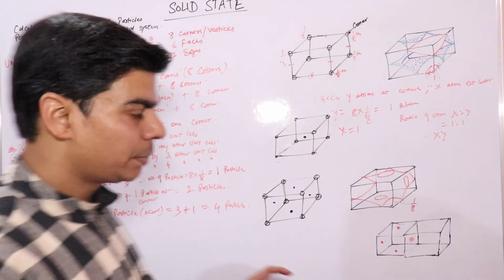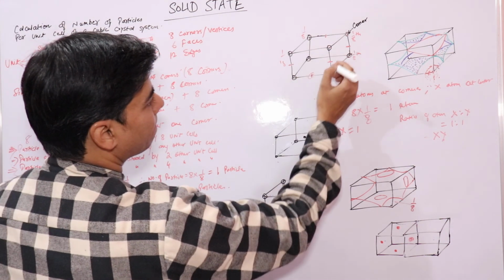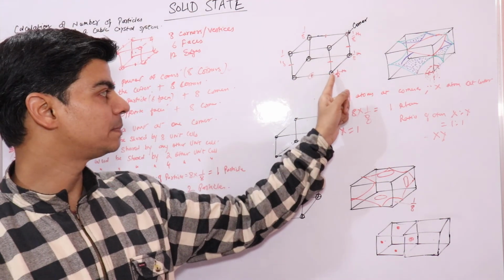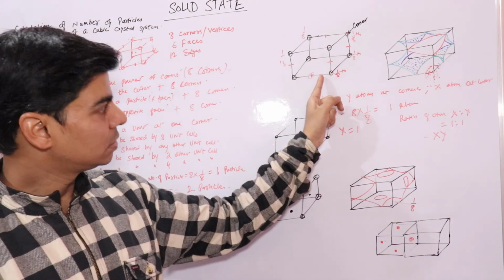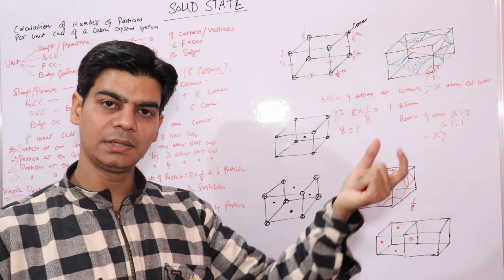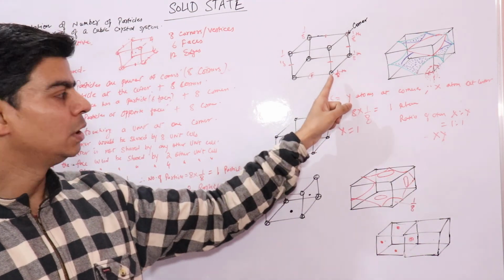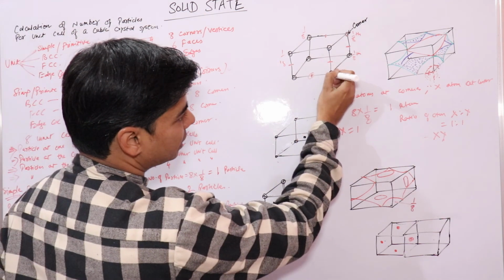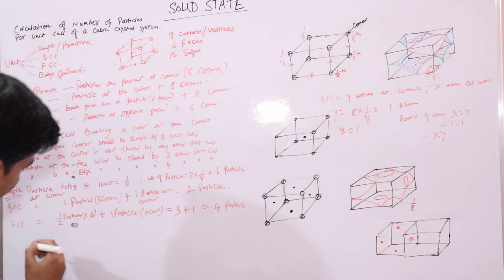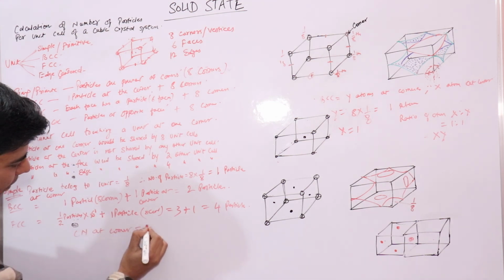And there is one simple concept of coordination number. If you look at this corner, the particular atom present at the corner, I said, is touching 8 other unit cells. The particles in those other 8 unit cells would be touching the particle at this corner. So the coordination number of the atom at the corner would be 8.